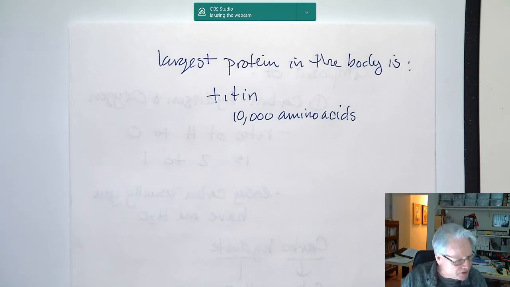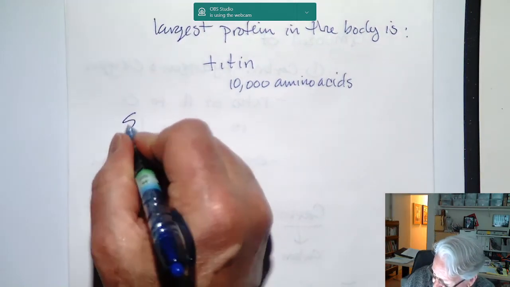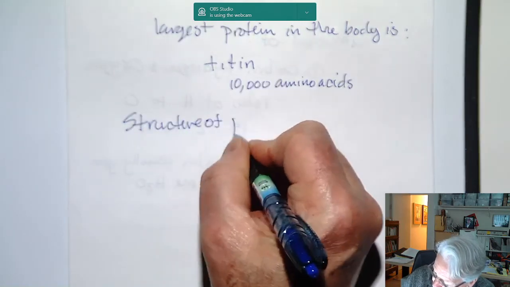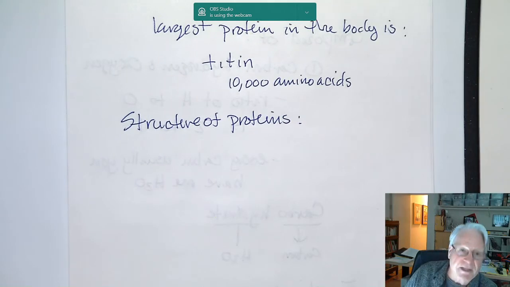Okay, so let's talk a little bit about the structural forms that proteins produce. So the structure of proteins. And keep in mind, when we talk about structure and different kinds of structures, what we're really looking at is functionality, right?